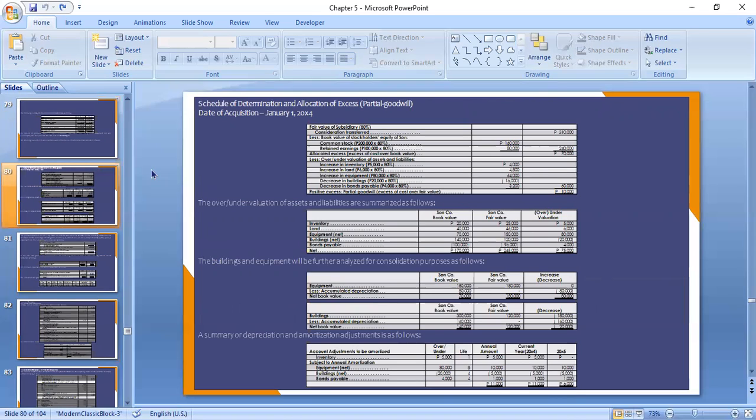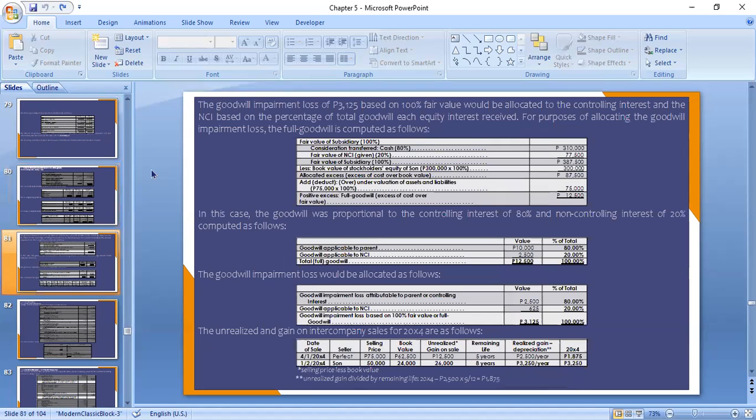So we involve undervaluation and overvaluation. So we have now the equipment account shown in the books. And finally, bonds payable is to be amortized over 4 years.